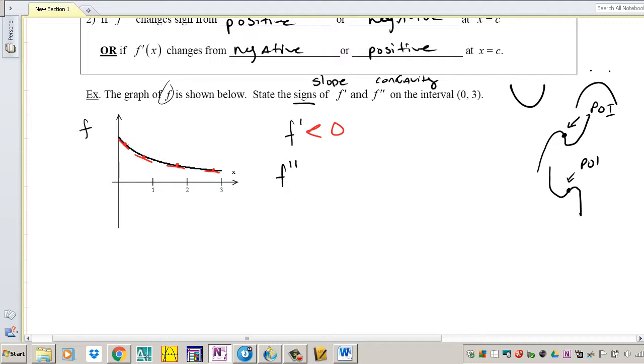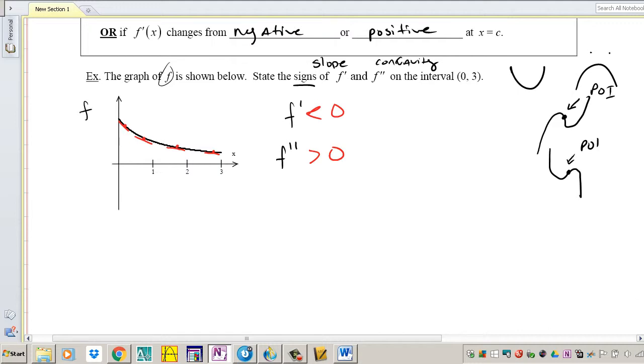They're actually becoming less and less negative, which means my slopes are increasing. They're increasing because they're becoming less negative. So another way to say this is because my slopes are increasing, my second derivative is positive. Or you can just stick with the concavity part of that. So those are the answers for example number 1.